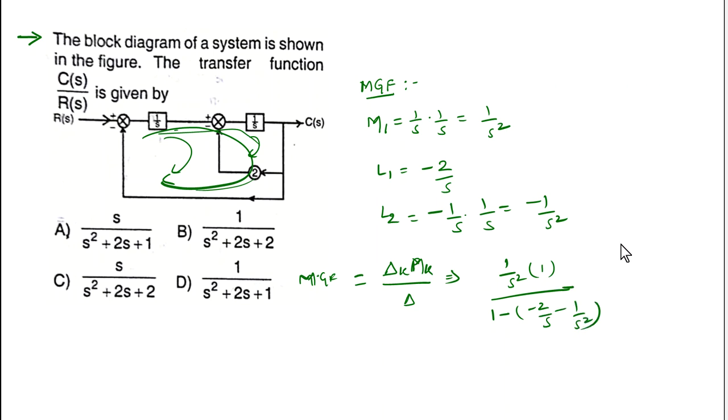Once you solve this, you'll get the answer as 1 by s square plus 2s plus 1. So answer D will be the right answer for this question.